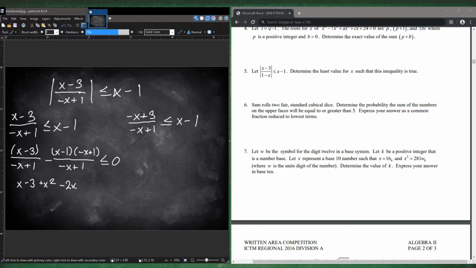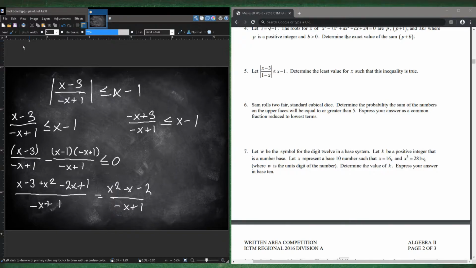Negative 1 times 1 is negative 1, times this negative is plus 1. All over negative x plus 1, right? So this is our first part. And you can simplify this even further to say it's equal to x squared minus 2x and x, so minus x, minus 2, over negative x plus 1.